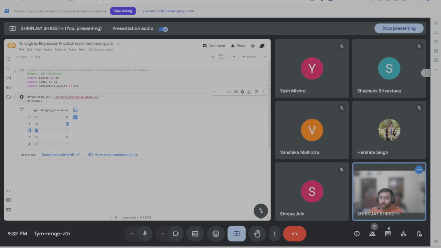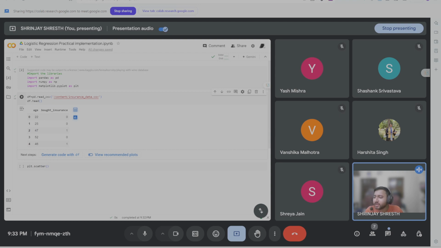Let us see how this entire data set is actually scattered in the space. Let's plot some scatter plot. I want to have plt.scatter. Obviously यहाँ से तुमको एक चीज पता लग रहा होगा कि this age is your independent factor.